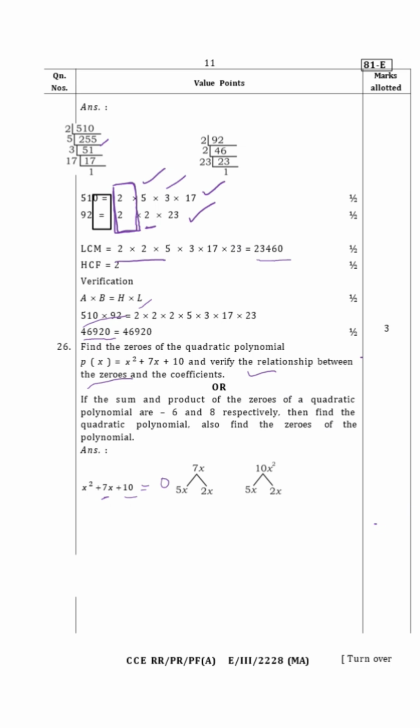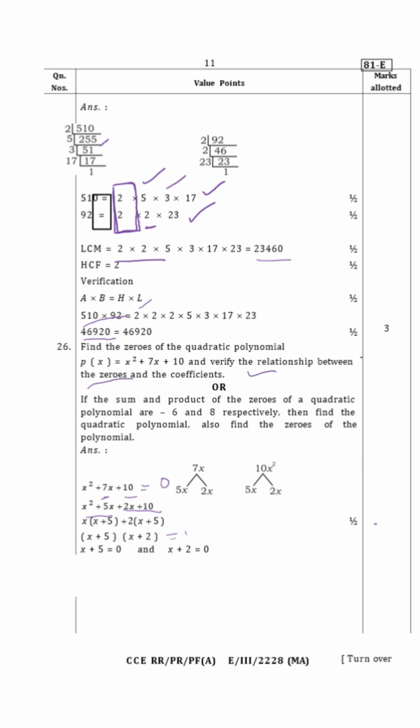So now let us solve it by splitting the middle term. Let us write it as x square plus 5x plus 2x plus 10. Now let us group. Here x is common, here 2 is common. x into x plus 5, plus 2 into x plus 5. x plus 5 into x plus 2, that is equal to 0.